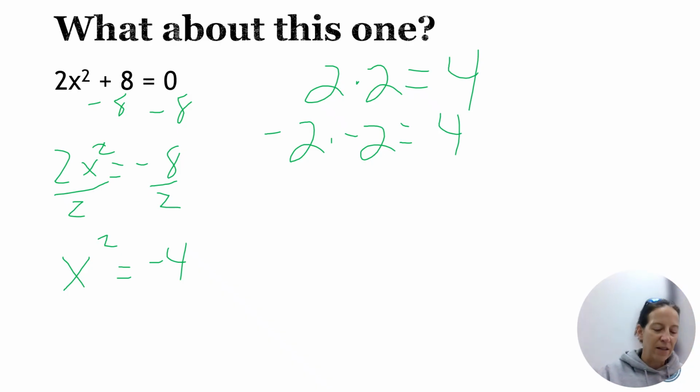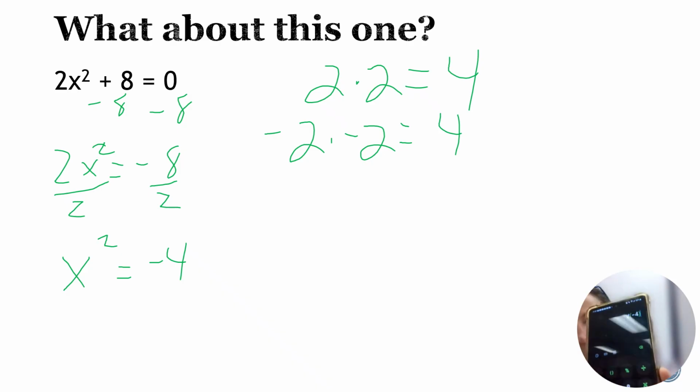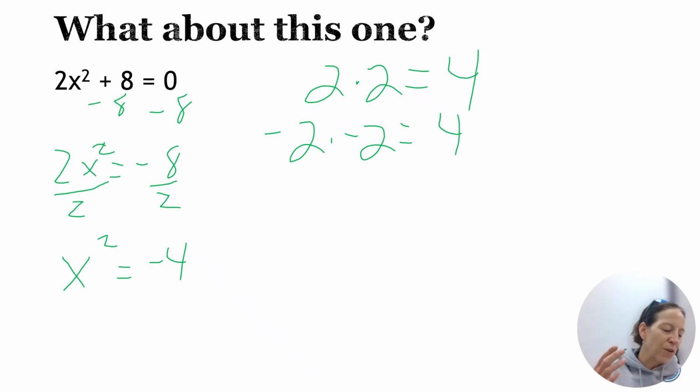You guys probably can't see it. I tried to do the square root of -4, and when I hit equals, a little thing pops up that says can't show undefined result. Okay, so that's what my phone says.